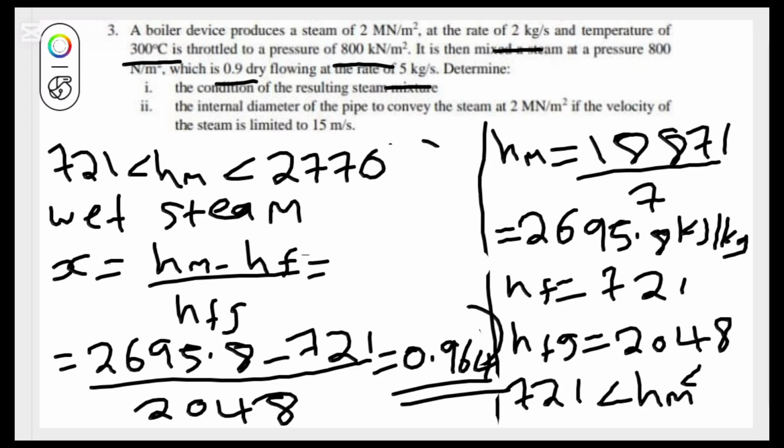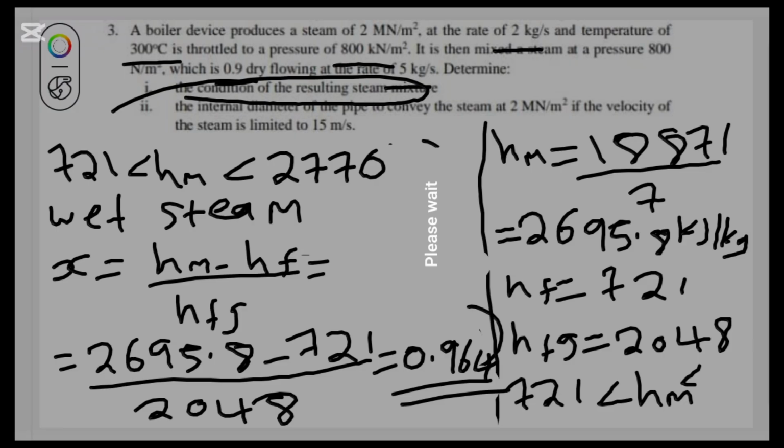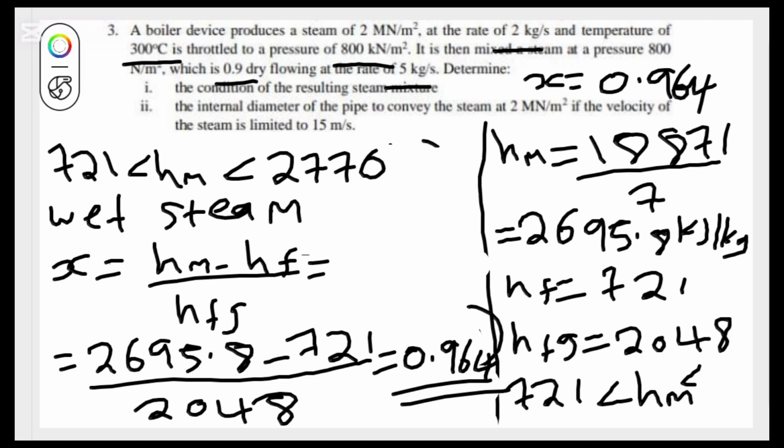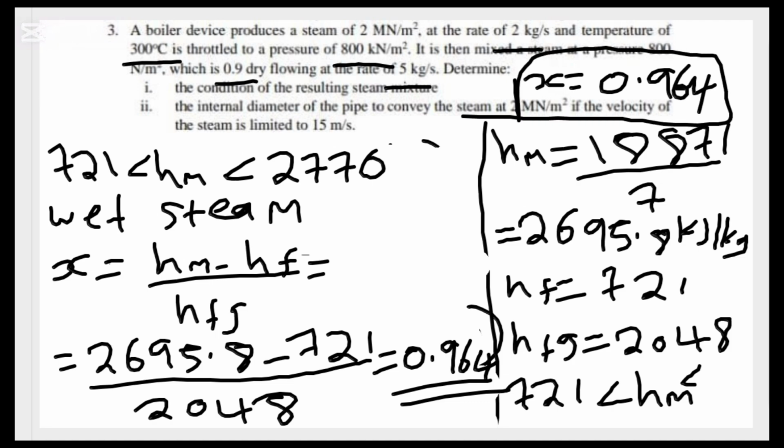So at the end, the result of this question, the condition of the resulting steam mixture, is that my x will now be 0.9664.